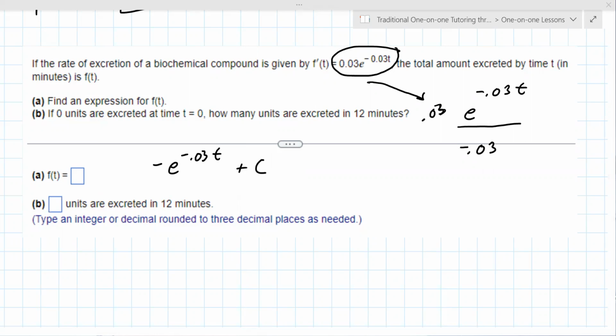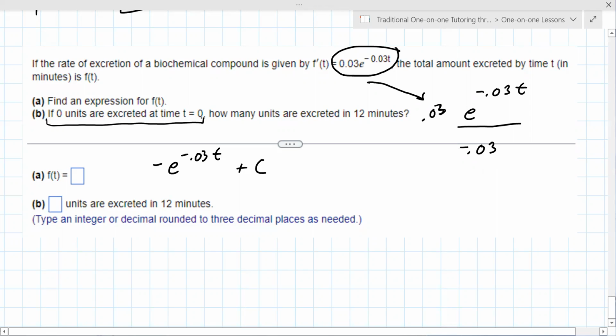Let me just check this problem on the web here and see if someone else has some ideas on how to do this. So it doesn't say this. This is what's not clear. Part B gives you the initial condition, but I'm not sure what to tell you to put in part A.